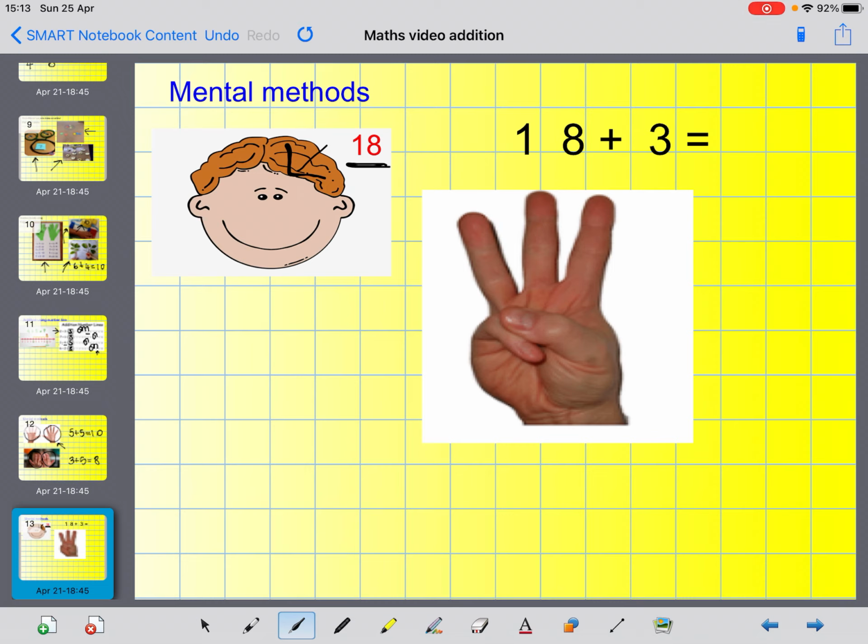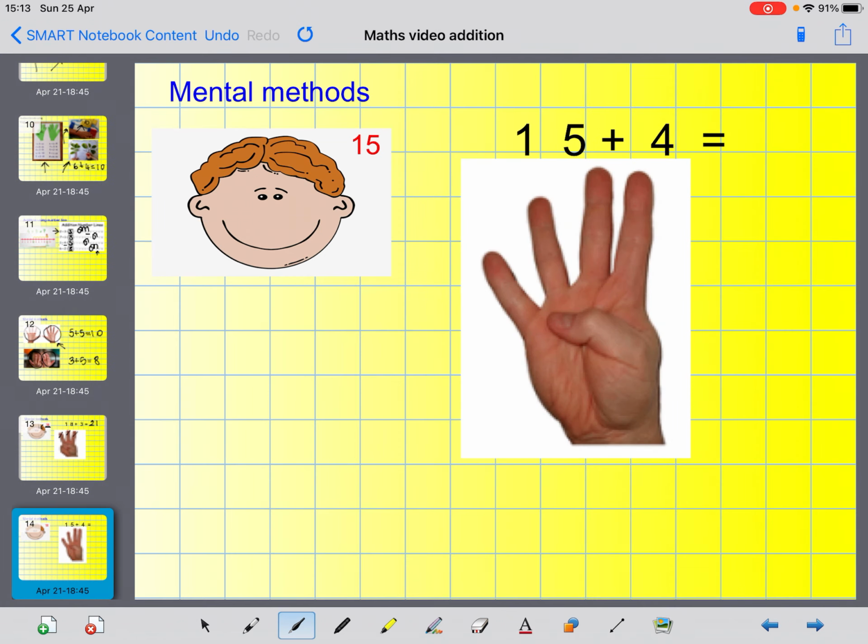And I'm going to pinch my fingers. So I'm going to say 18 plus 3, keep my number 18 in my head, and then pinch my fingers saying 18, 19, 20, 21. So my answer is 21.